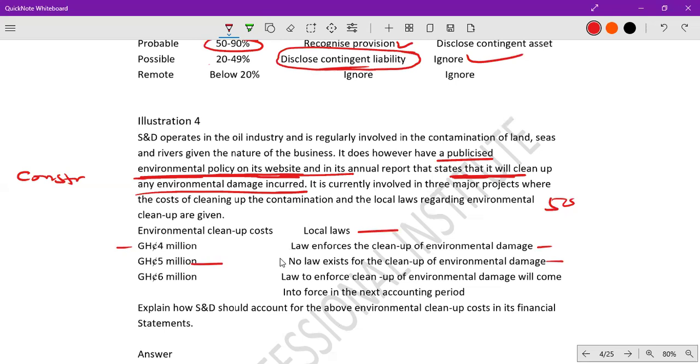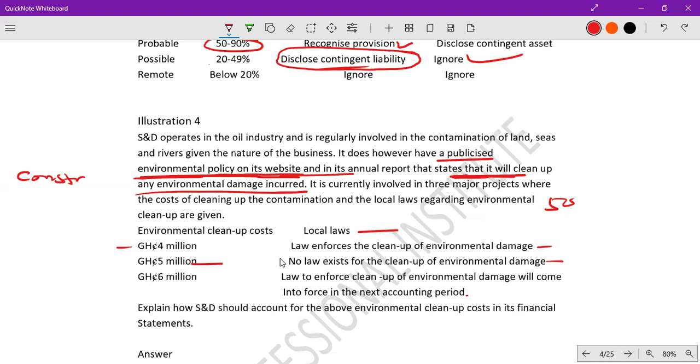Let's go to the 6 million cost. They say a law to enforce this environmental cleanup will come into force in the coming accounting period. Are we going to recognize that provision?